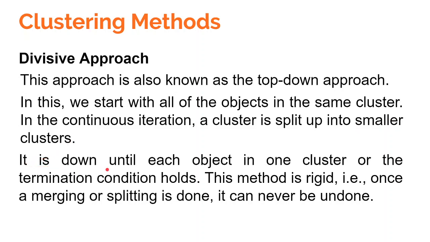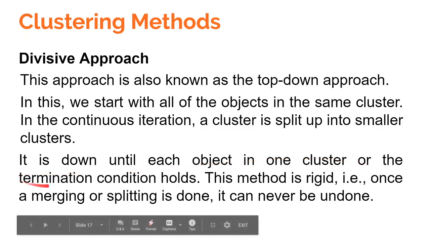It is done until each object is in one cluster or the termination condition holds. This method is rigid, that is strong, that is, once a merging or splitting is done, it can never be undone.